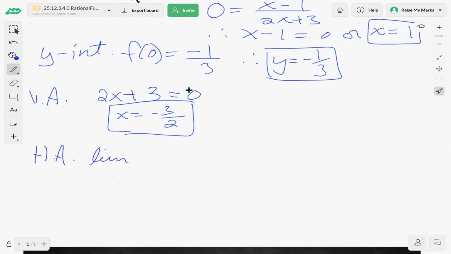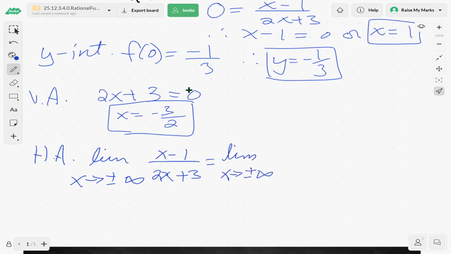Remember, we take the limit as x approaches positive or negative infinity. So it gets very large, and we look at our function, x minus 1 over 2x plus 3. There's a little technique for this: we divide everything by x.